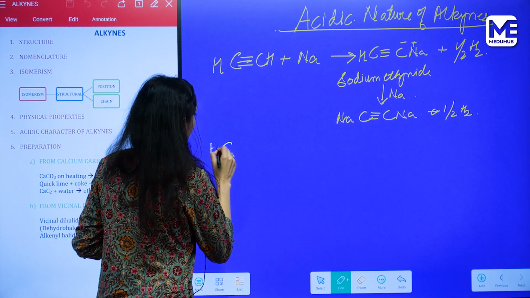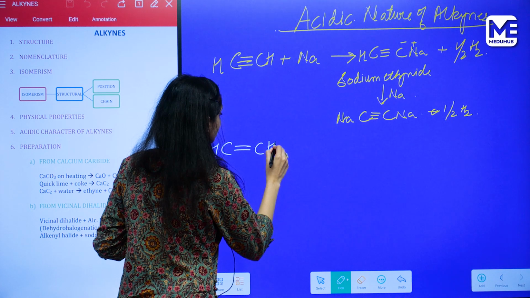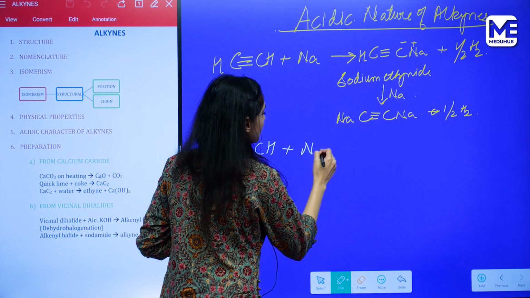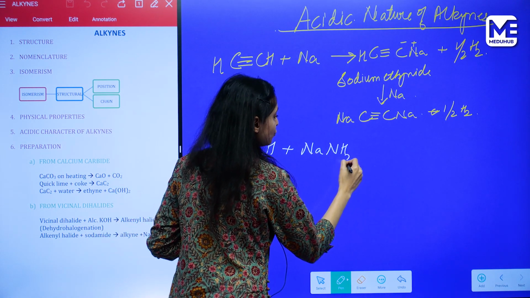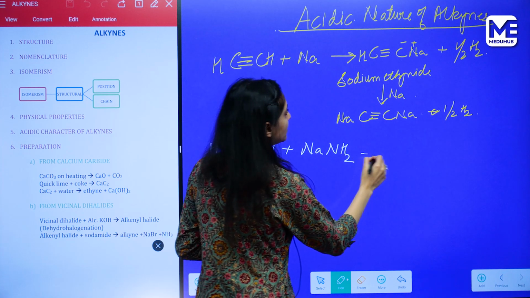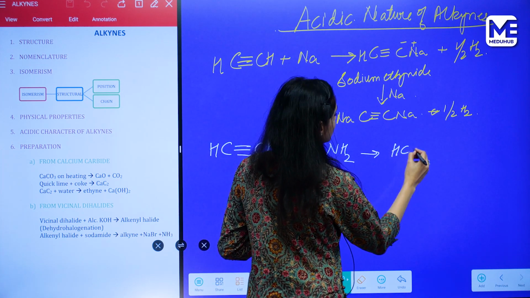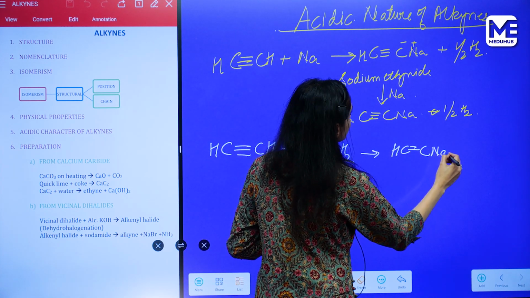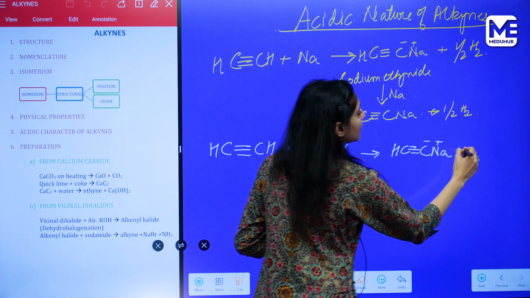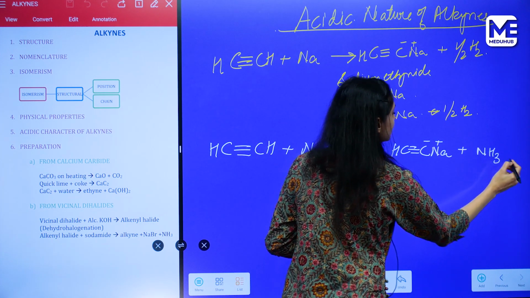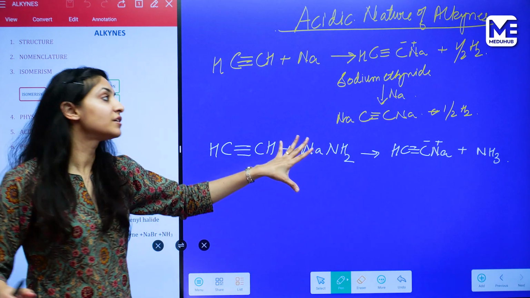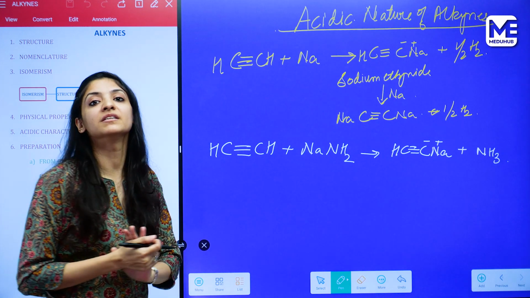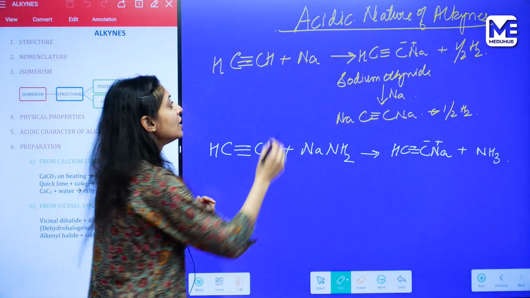Alkynes also react with NaNH2 to give again sodium ethynide and ammonia. Now these are the reactions which are not observed in the cases of alkanes and alkenes.